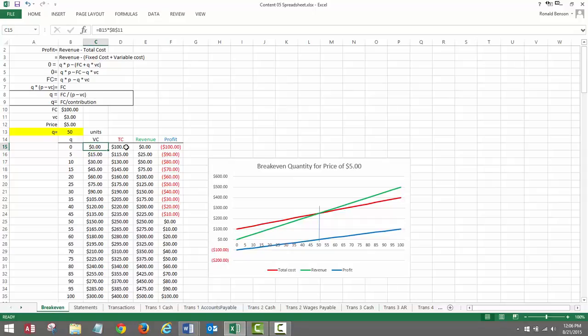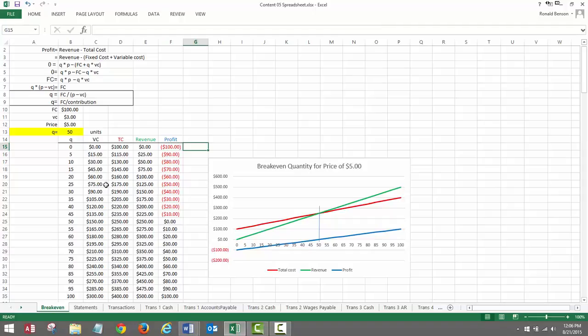The total cost is 100, which is your fixed cost plus the variable cost. Variable cost is 0, so the total cost is only the fixed cost of 100. If you don't sell any, the revenue is 0. So the profit at quantity of 0 is 0 minus 100, which is minus 100.